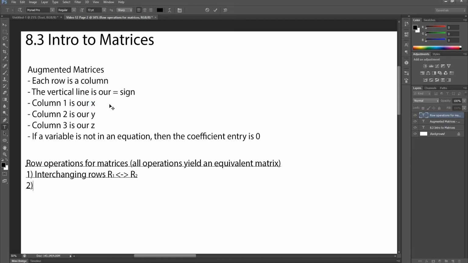Our second operation is multiplying an entire row by a constant. This includes what's on the right of our vertical line.